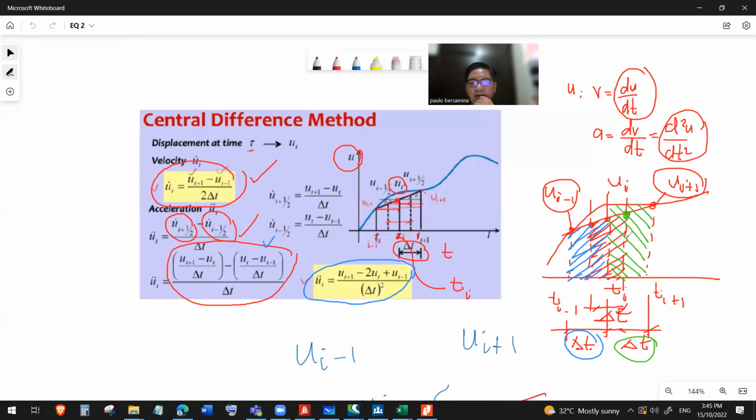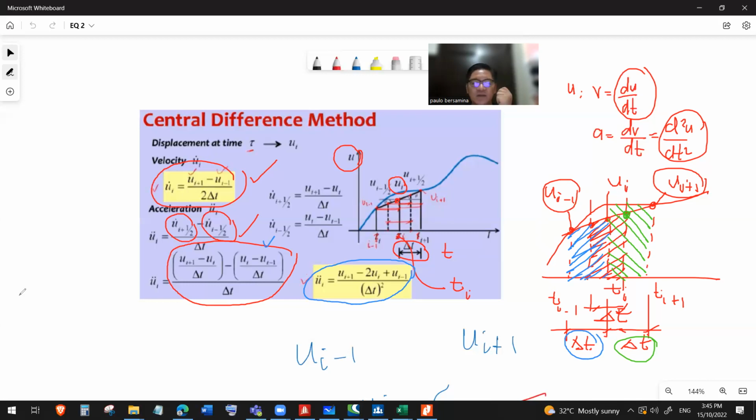At u sub i. Okay? So, we're able to derive the formula for the velocity at u sub i, and then the acceleration at u sub i, no? Yun yung gagamitin natin for our numerical methods. Okay?